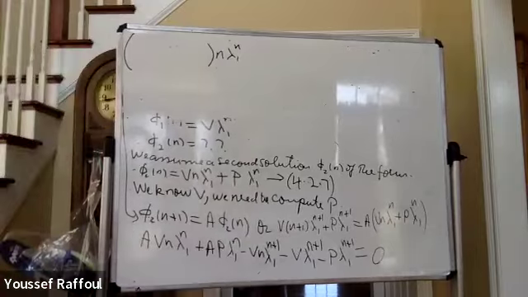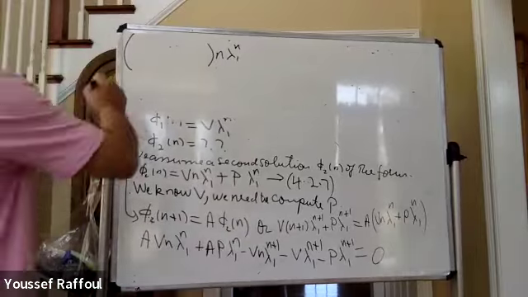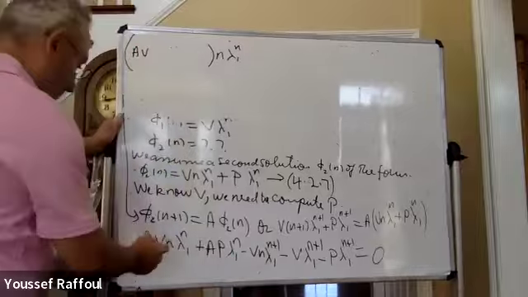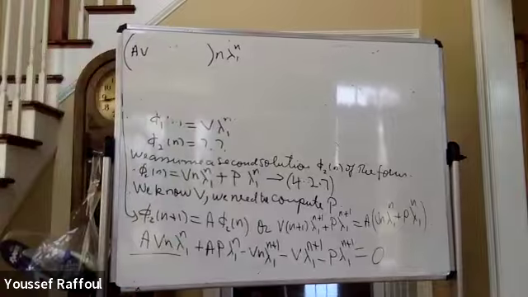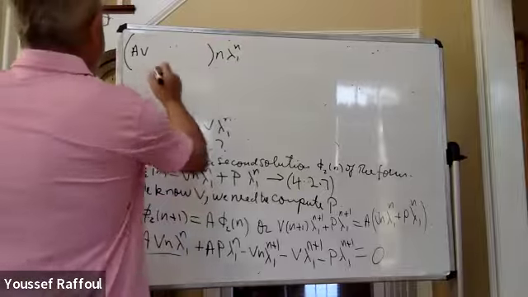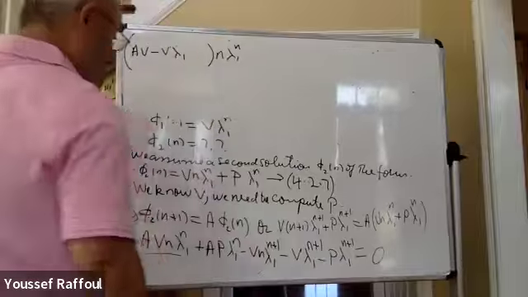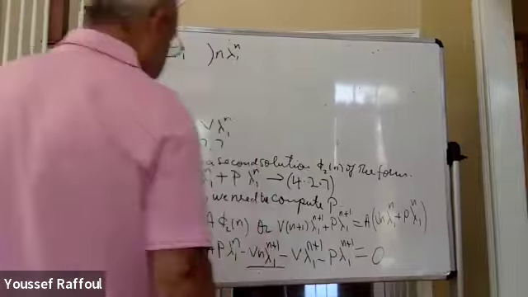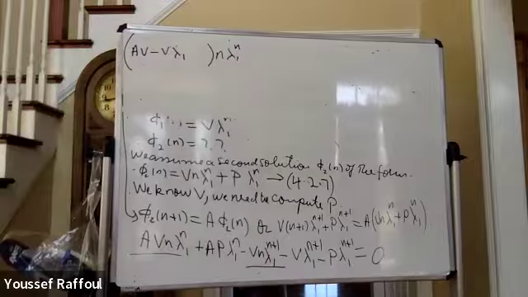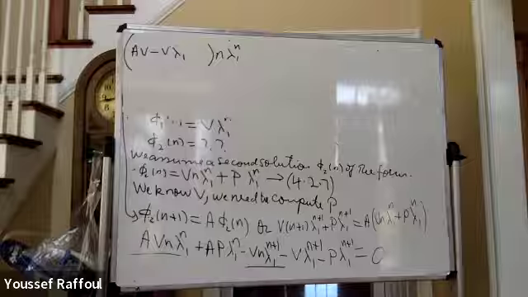What do we have? We have A V from here minus V lambda 1, that is from this. That's it. Correct? Do you see anything else? Minus V n lambda 1 will have minus V lambda 1.